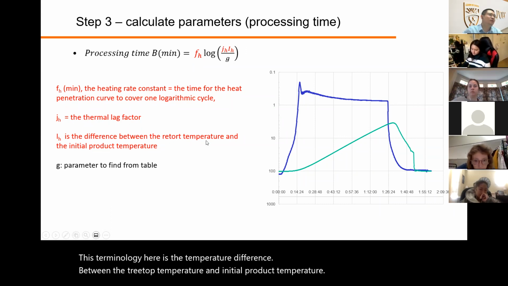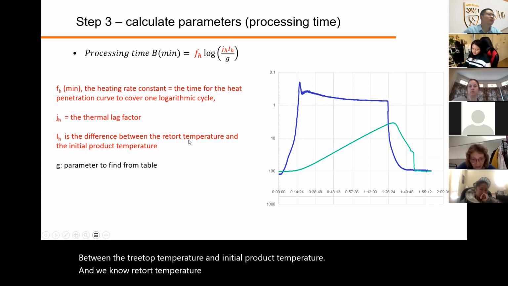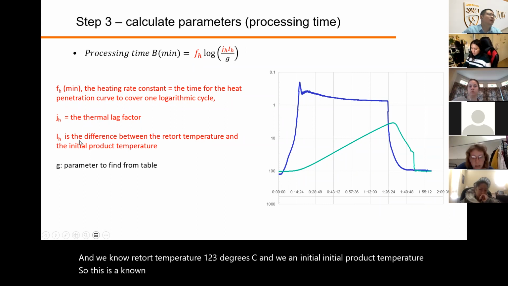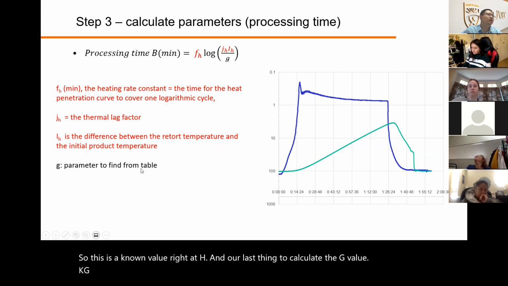We know retort temperature, 123 degrees C, and we know our initial product temperature. So this is a known value, IH. And our last thing to calculate is the G value. G is the parameter we'll find from the table. It's the most tricky one.